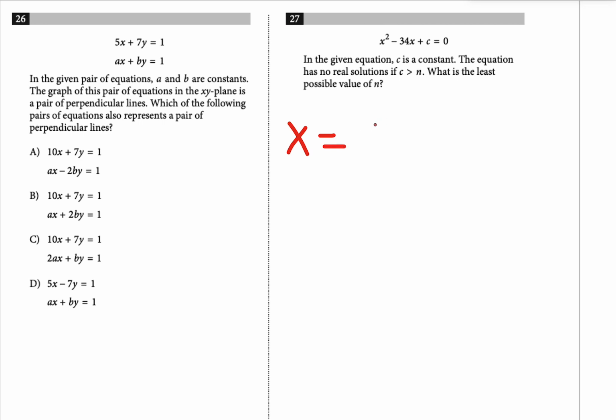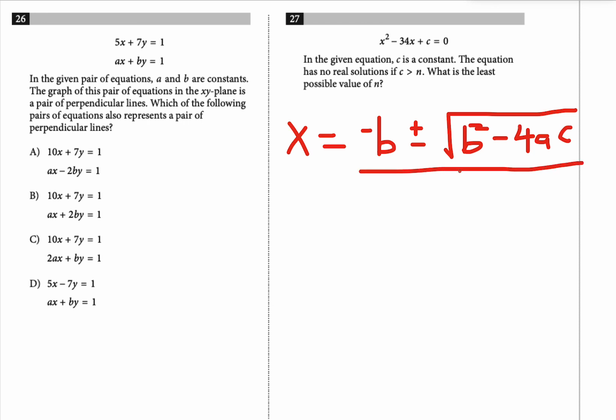This equation is x equals negative b plus or minus the square root of b squared minus 4ac, all divided by 2a.